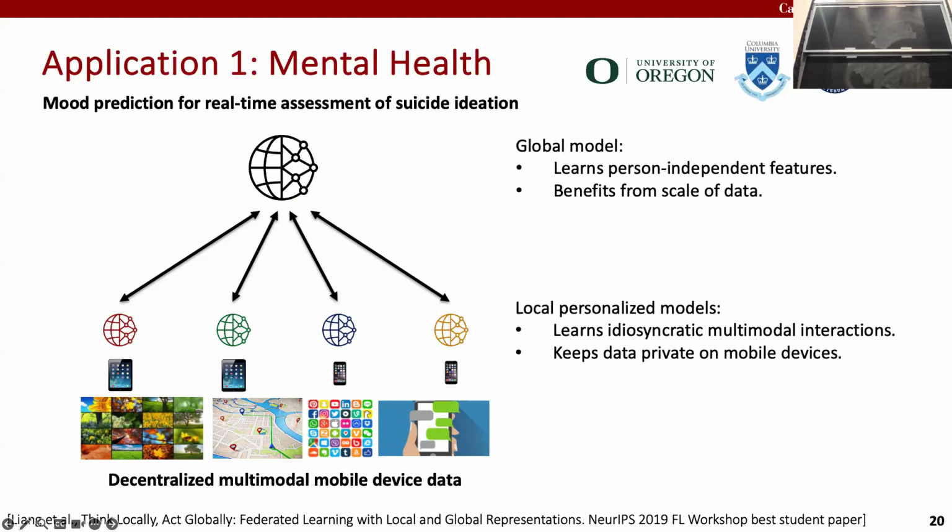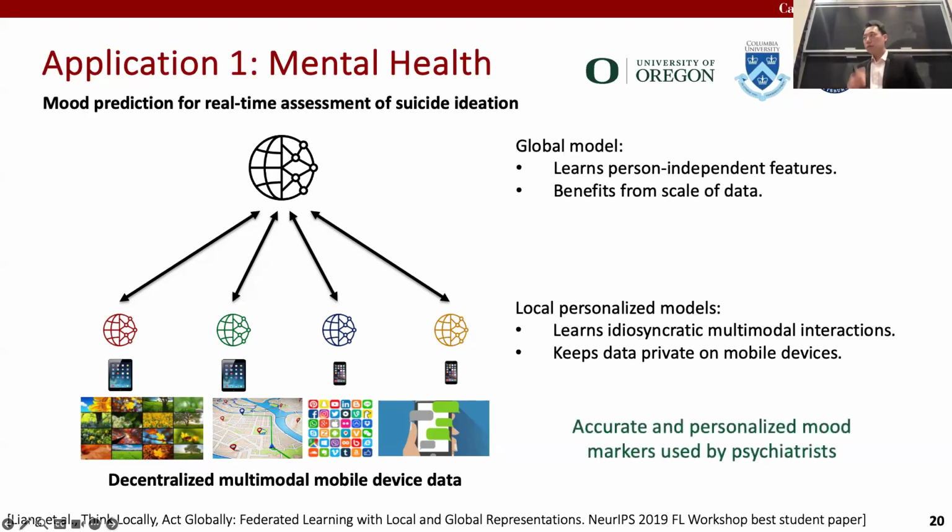Some of them more tailored towards photos, some of them more tailored towards text and typing, and so on. The other added benefit is that these local personalized models, because they're trained directly on the phone, also allow you to not leak the data from these personal phones onto a centralized server, which keeps some notion of privacy. And together, these models gave quite accurate and personalized mood markers that are currently used by psychiatrists to continue tracking these patients who are at risk of depression.